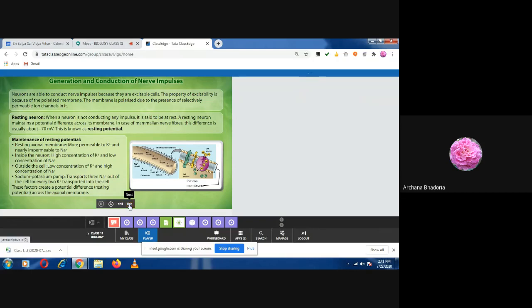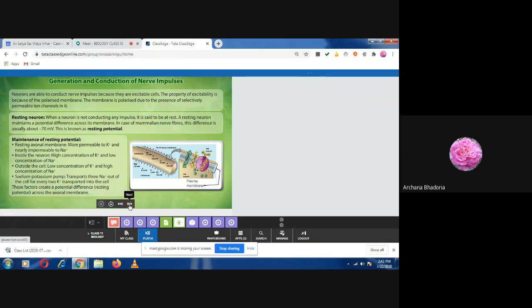Correct. This should be known to everyone. Try to revise it. A synapse is the junction between the nerve endings of one neuron and the dendrites of the other neuron. Now what happens at the synapse?